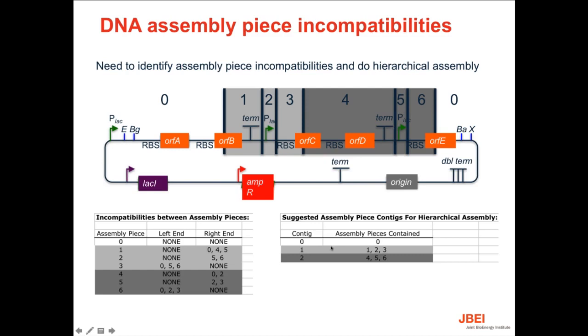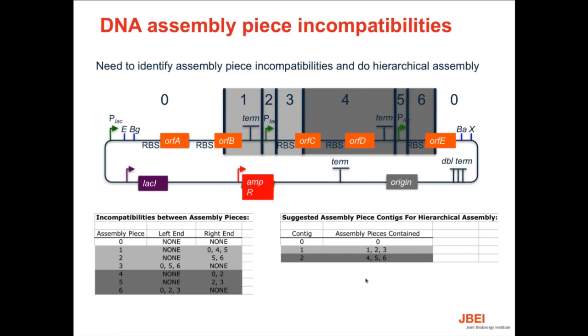That way, at the ends of these contigs, whether it's the 5' end of assembly piece 1 or the 3' end of assembly piece 3, there aren't any incompatibilities. What we've done is bury, inside of these contigs, all of these junctions which are repeated somewhere else in the construct. So this might be a way of getting away from some of these assembly piece incompatibilities.